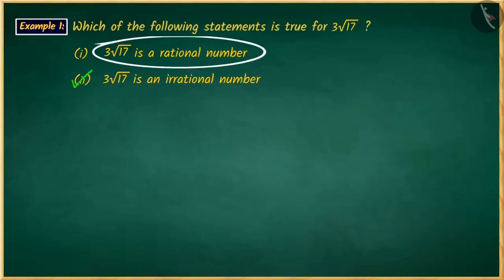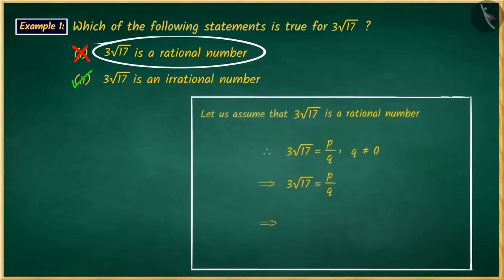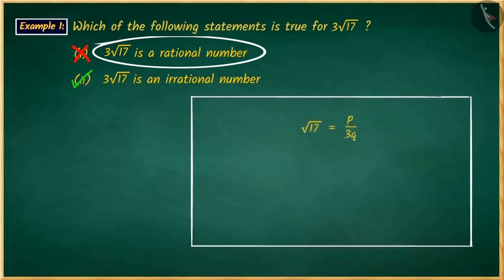If you have chosen the first option, it is a good try. But this answer is wrong, because if you rearrange it, you will get square root of 17 equal to P upon 3Q. You have determined that on the right-hand side, P and Q are integers, so P over 3Q will be a rational number.